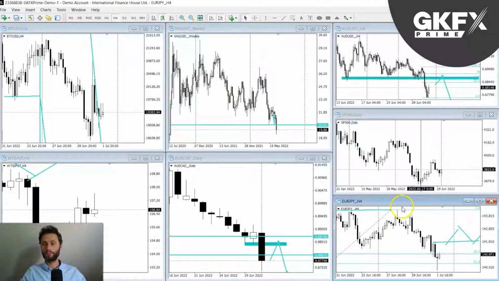That's the scenario where I see the higher probability playing out, but we'll see exactly how the market unfolds Monday, Tuesday. Let's see how it goes.